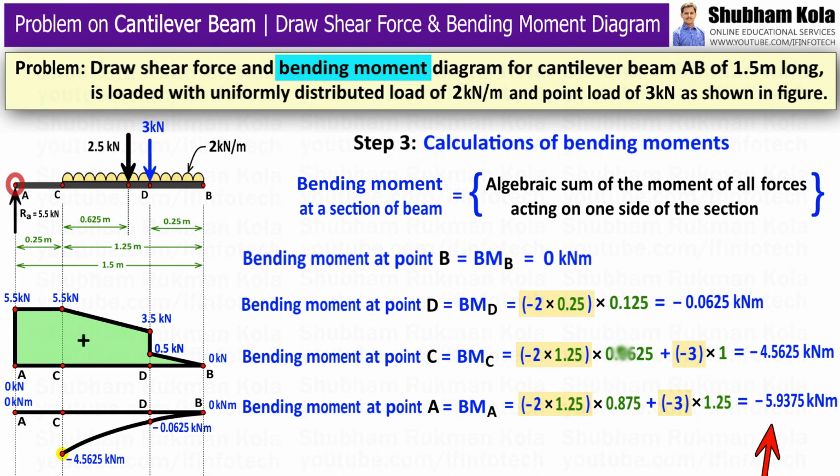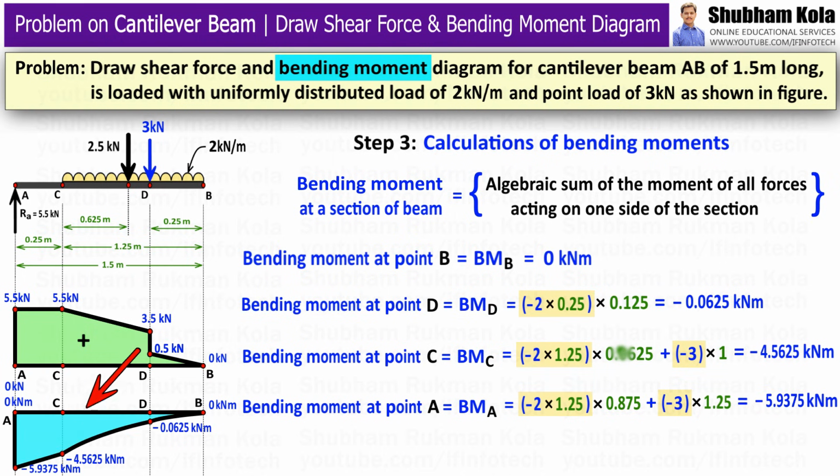As it is a negative value of bending moment, I will mark the point below the reference line of 0 kN meter bending moment. And as you can see in the cantilever beam, there is no force present between point A and point C. Therefore, to draw the bending moment diagram, I will connect these 2 points with an inclined line.